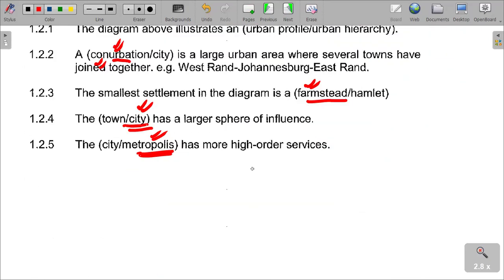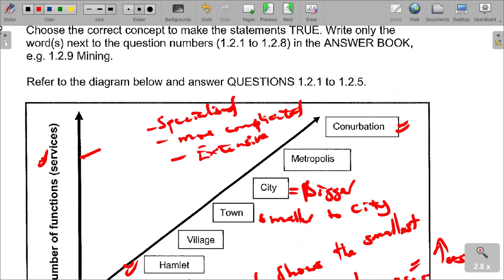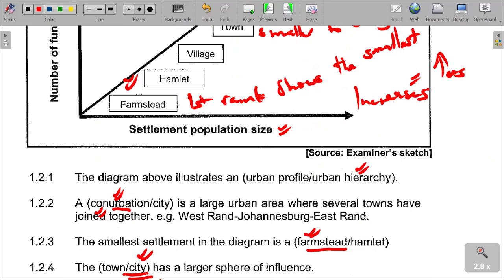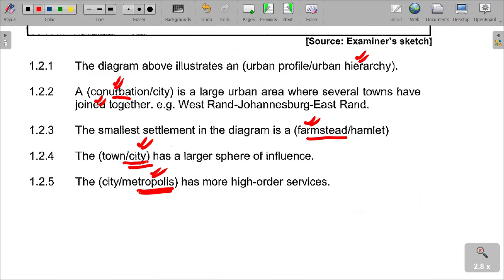If you look between a city and a metro, a metro is higher than a city, so it has more specialized, higher order services than a city. That is one thing that you need to take note of, class. That is what you need to understand.